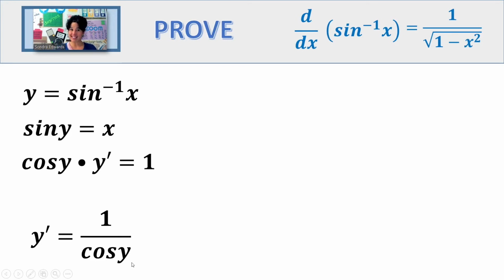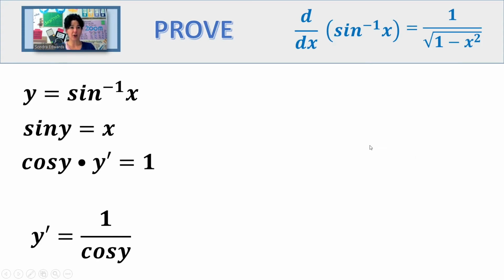Okay, but it doesn't exactly look like 1 over the square root of 1 minus x squared. The reason that it doesn't look that way just yet is because our answer is in terms of y, but we would like it to be in terms of x.